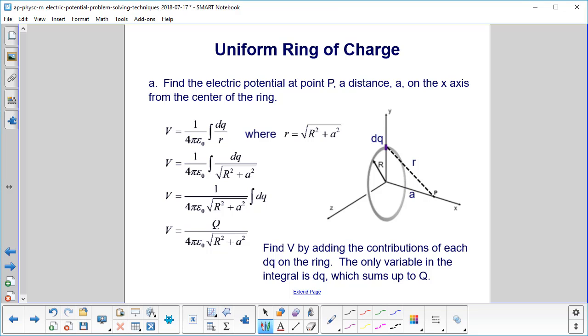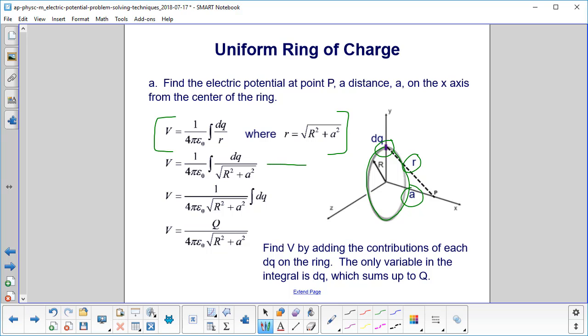Find the electric potential at point P, which is a distance a from the center of the ring. We use our equation for calculating voltage due to a continuous charge distribution, and we're taking a little dq up here to start with, and we find that the distance r, which will be the distance from any single point on this ring, is going to be the square root of capital R squared plus a squared, just using Pythagoras.